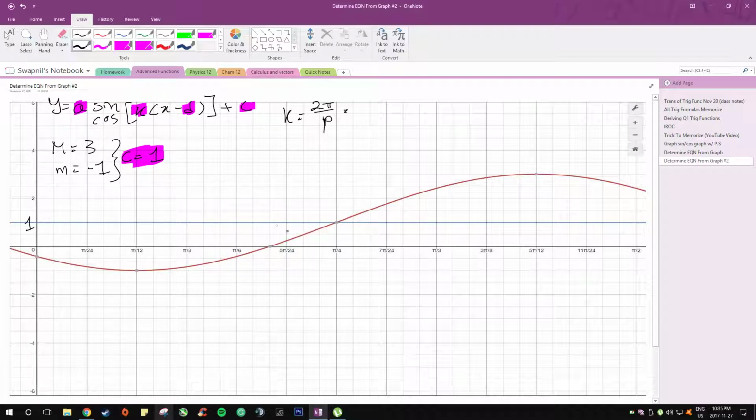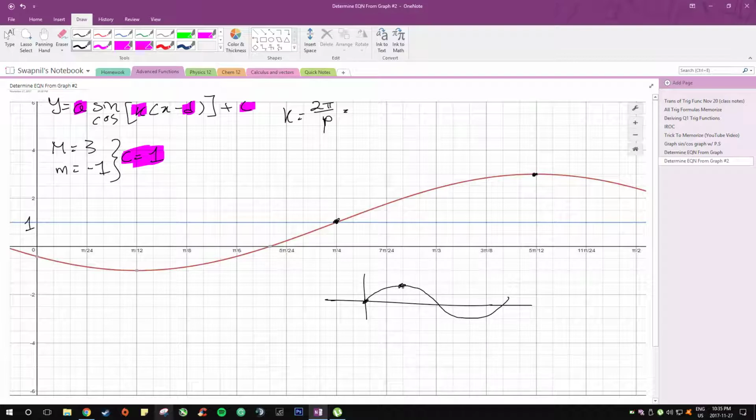Now what's the period? Well, we can look at it from here to here. This seems like it's going up and down and then coming back. It's going to come back up, right? So if we look at this point from the origin, it's going like this and then it's going to come back up. This point here corresponds with this point, and this point right here corresponds with this point right here.